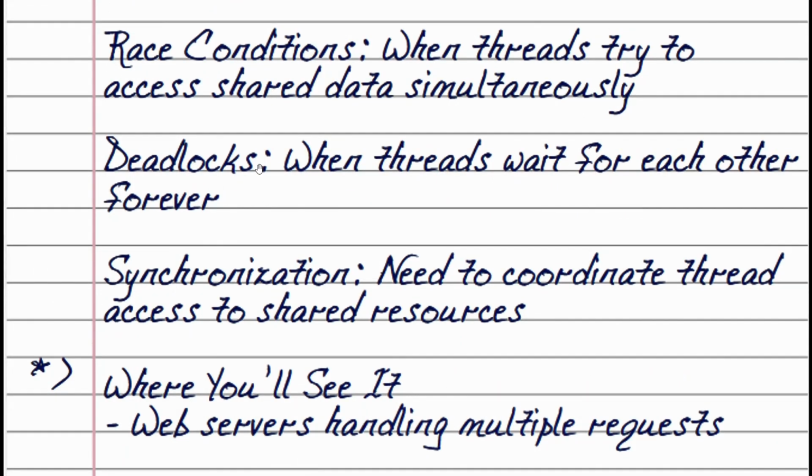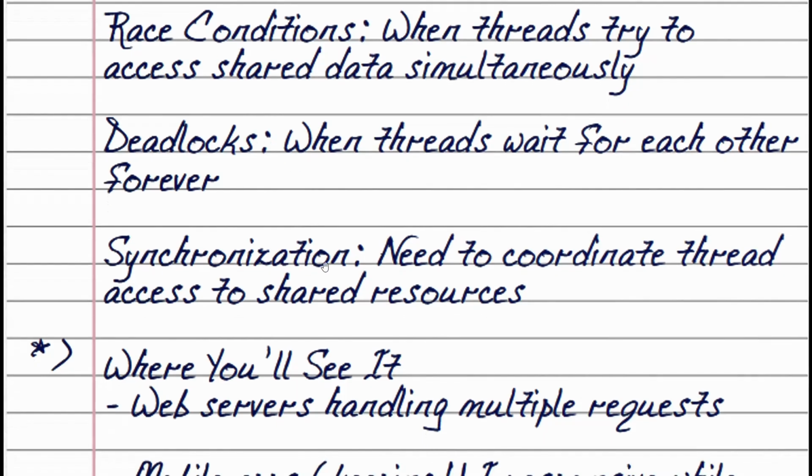When the threads are waiting for each other forever, that is also a challenge. Then synchronization. We need to coordinate threads' access to shared resources. Shared resources should be coordinated between the threads.